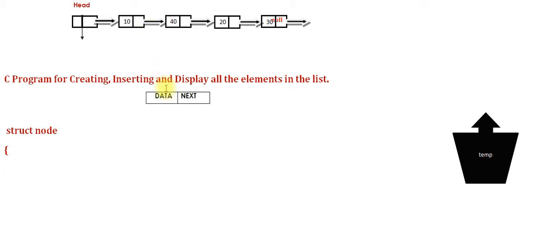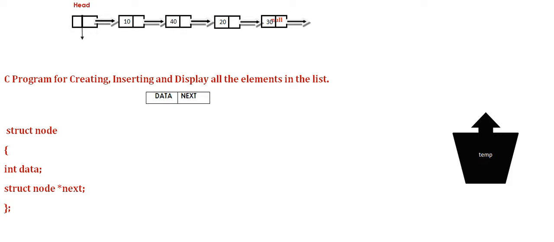After struct node, I have two fields. First, I'm going to take my data as integer. Then what will be the next node? It's the address of the next node, so I have to keep a pointer, struct node next pointer. The pointer will have the address of the next node.